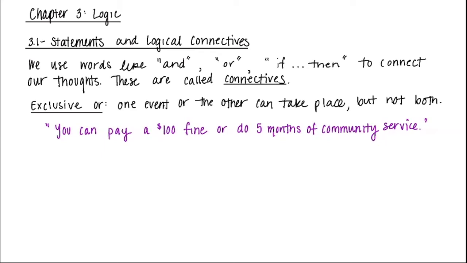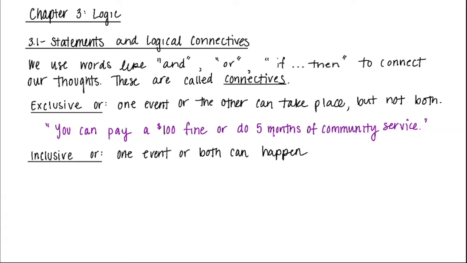The other type of or is what's known as inclusive. And this is what we're going to consider every time we hear or for our class. And this means one event or both can happen. Okay.